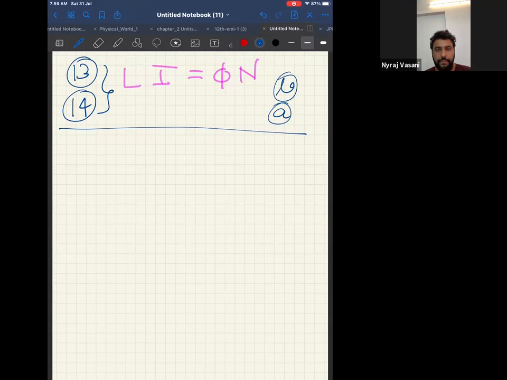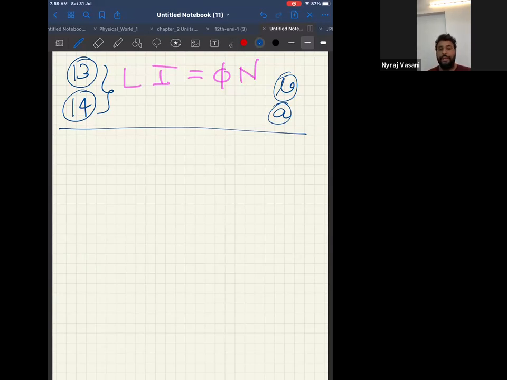Got it? Okay. So 14th one is A and 13th one is B. Tell me if all of you are getting this using the formula Li is equal to φN.